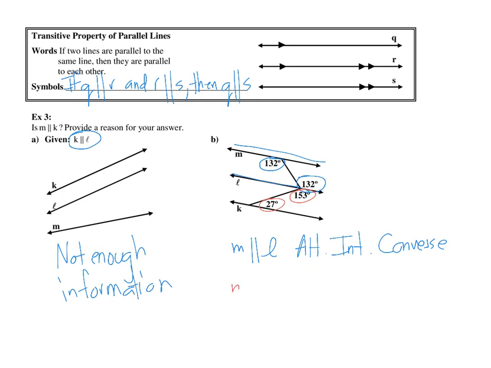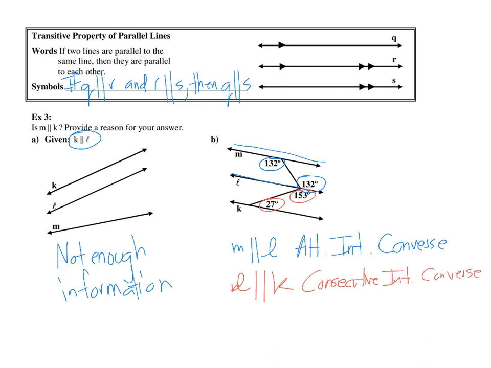So L is parallel to K. This would be the consecutive interior angles converse. All right.